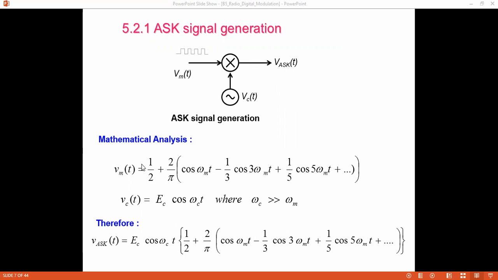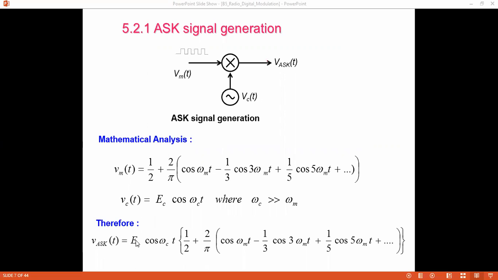If our unipolar signal is represented by this information signal, VM(t) equals 1/2 plus 2/pi cos omega_m t minus 1/3 cos 3 omega_m t plus 1/5 cos 5 omega_m t, so up to the fifth harmonics we use here in our equation, and our VC(t) is EC cos omega_C t, so we multiply these two.